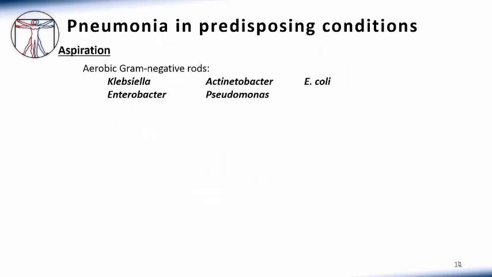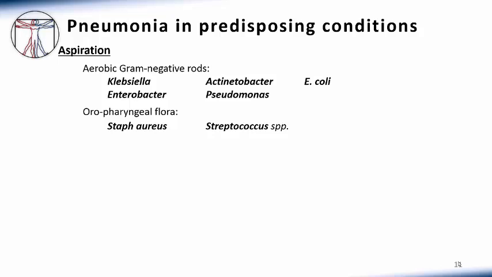There are certain predisposing conditions that make one think about different bacterial species other than the ones that I just mentioned. In the context of aspiration, one must consider the contents of the oropharynx entering into the lungs. And depending on the patient population, especially in debilitated patients, this can include enteric gram-negative rods and other resistant gram-negative organisms.